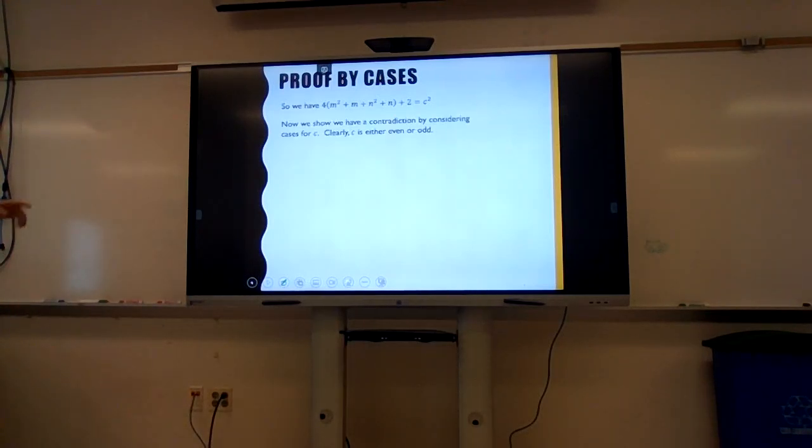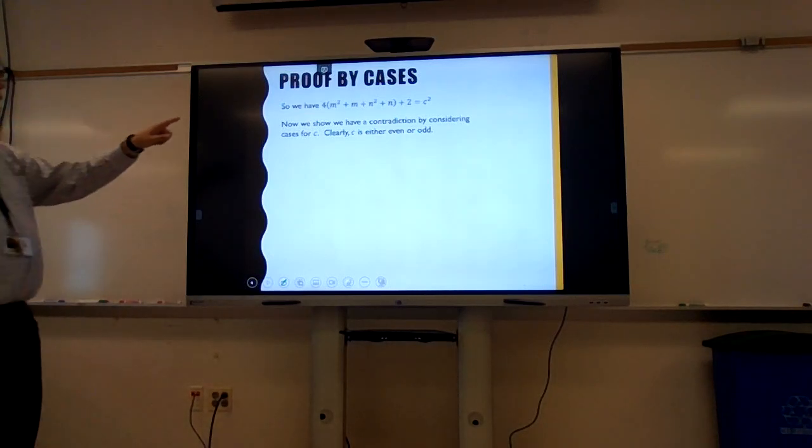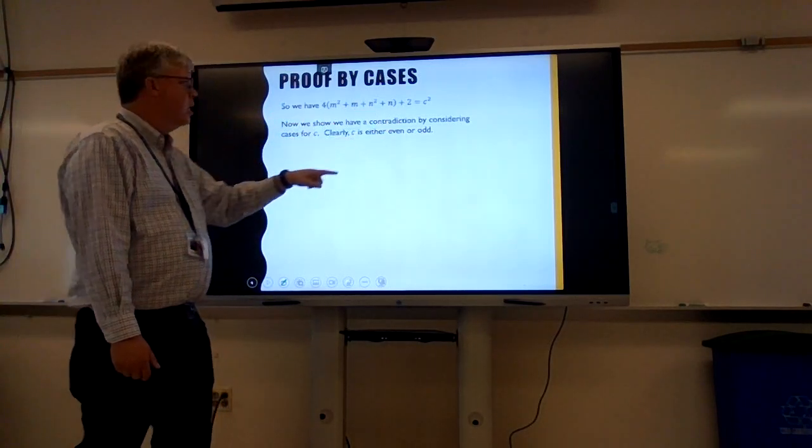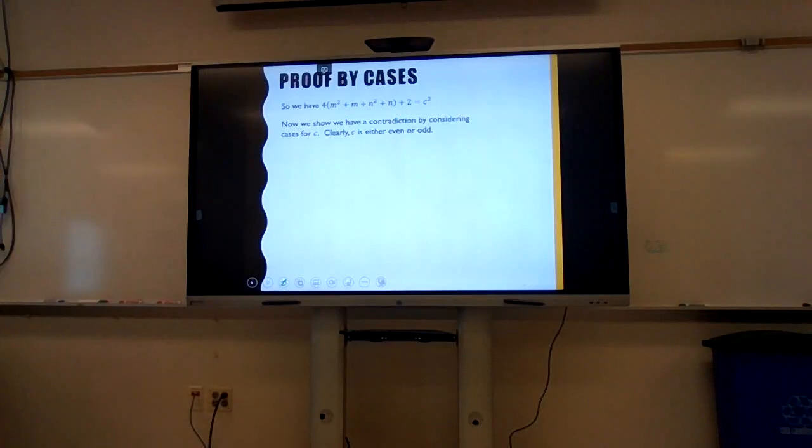I'm going to basically make an argument to show that that expression does not make sense for c squared. That's what my contradiction will be. But the argument I'm going to make about why this can't represent c squared turns out to depend on whether c itself is even or odd. And c was only given as a positive integer. It could be even or odd. And if it's odd, I can make one argument.